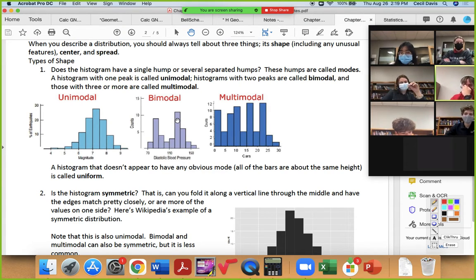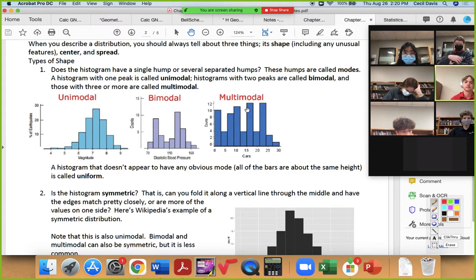And when we talk about modal, we're not saying that the mode has two different values, because the mode can't have two different values unless they're exactly the same. But here we're saying it's bimodal in that there are two high points on the graph. And then this one is multimodal.